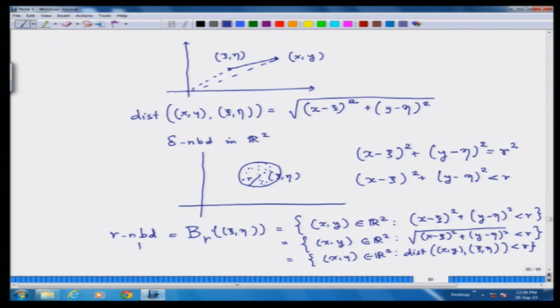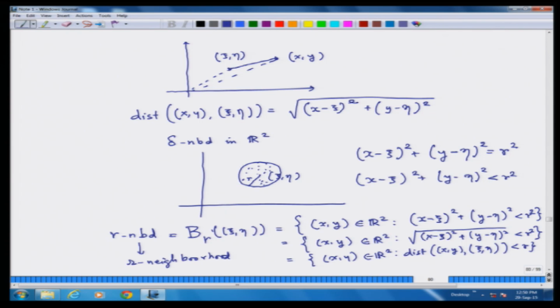So, let me just write the r neighborhood. It consists of all the (x, y)'s which are not on the boundary of the circle, but they are inside the boundary. So, it is all points for which they are not equal, but strictly less. I collect all those points and then those points are called the r neighborhood.